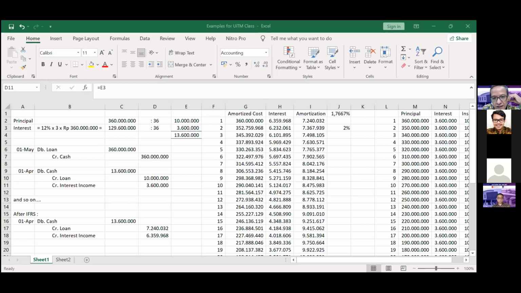Before IFRS 9, the probability of default is 7%. That means that for every 100 cards issued by the bank, 7 will default. 7 out of 100 cards will default. So the probability of default is 7%.